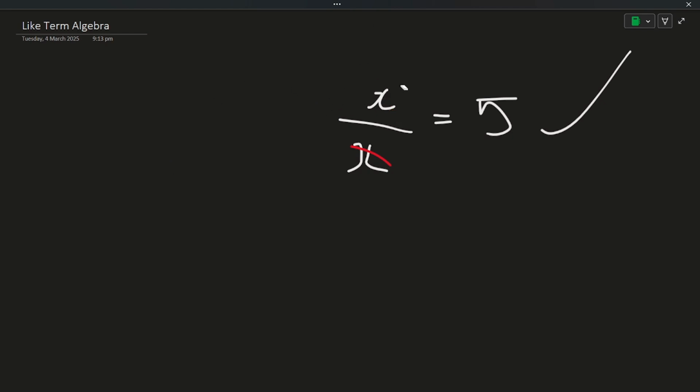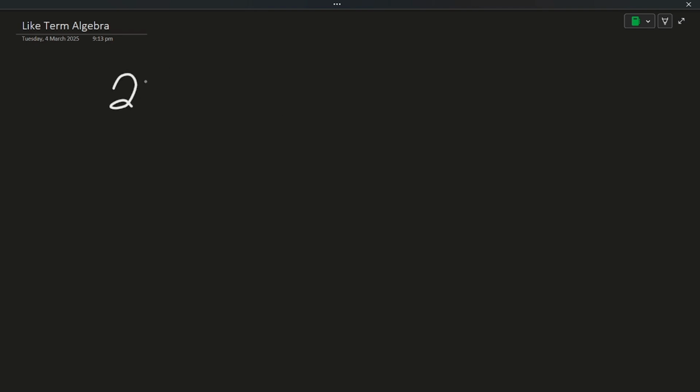There's another one that I probably have to explain where the x has a power on it. So let's say the same equation, let's use the same equation as last one, but let's add a power.